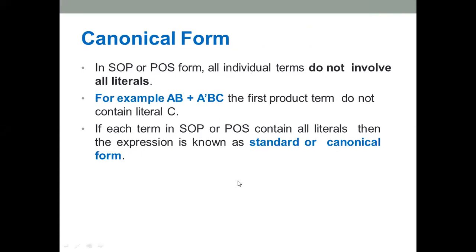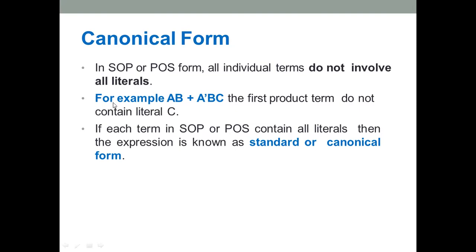Now, again, the canonical form, as we saw in previous slides, is the standard form. In SOP or POS forms, all individual terms do not necessarily involve all the literals. It depends upon the example.